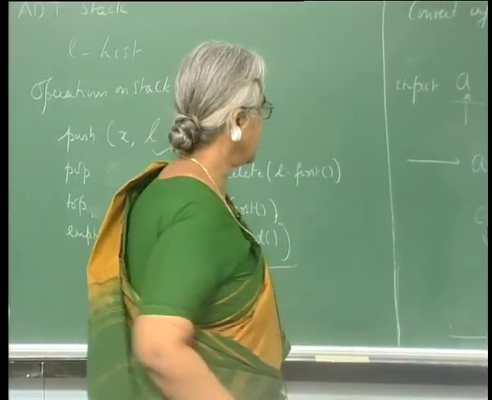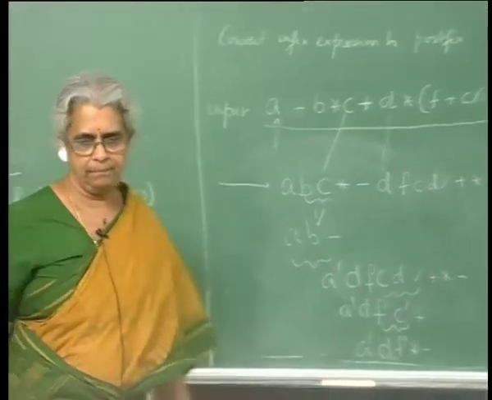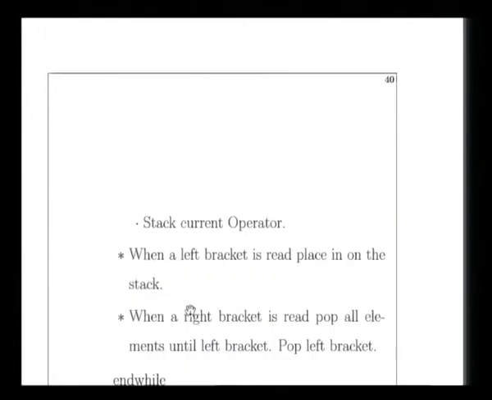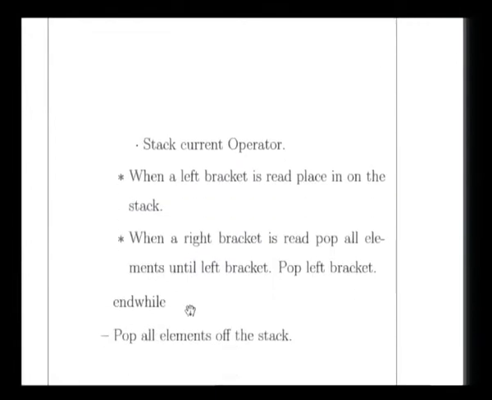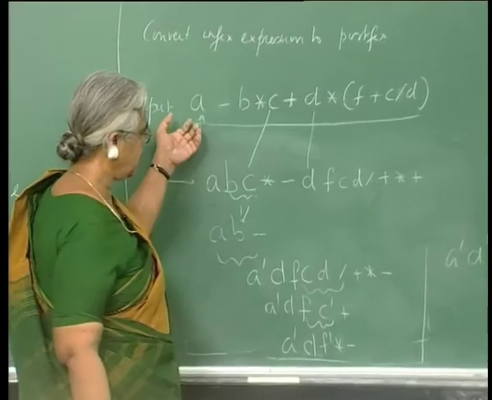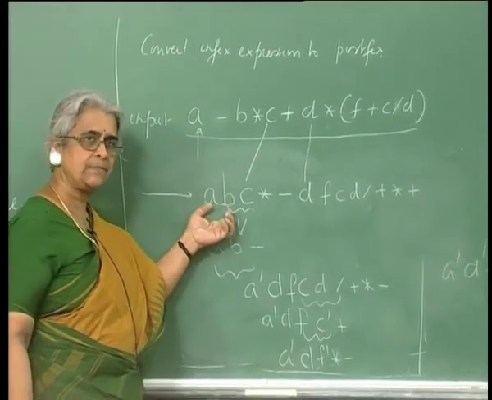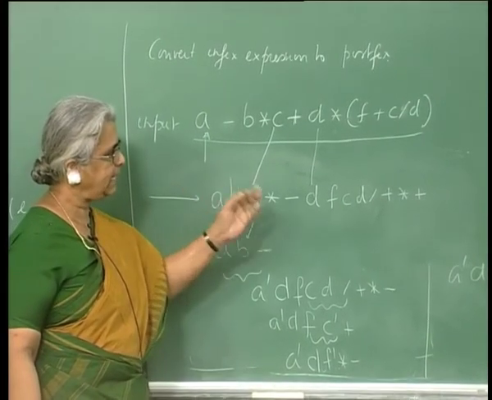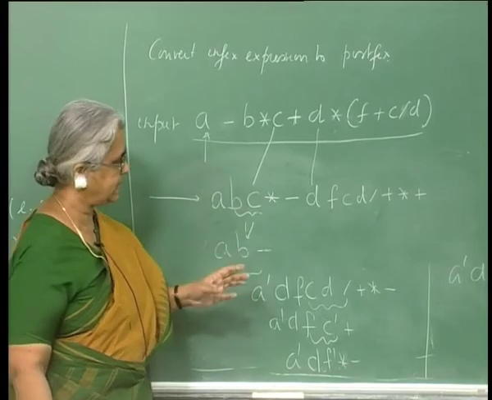So clearly what it tells me is, using the algorithm that I have given here, the conversion from infix to postfix is correct. Okay. So basically I can use a stack to take this input, convert it to postfix. So what are we doing when we are doing this? We are taking all the operators, stacking the operators, including brackets. Okay.